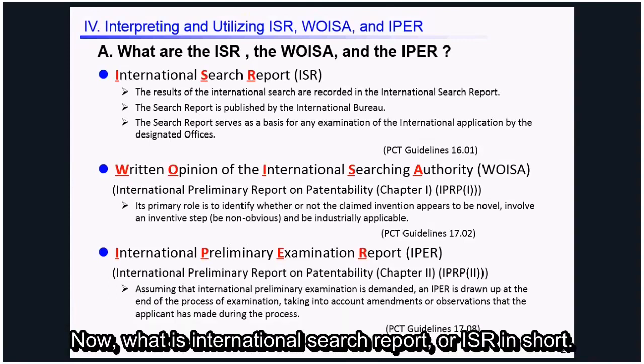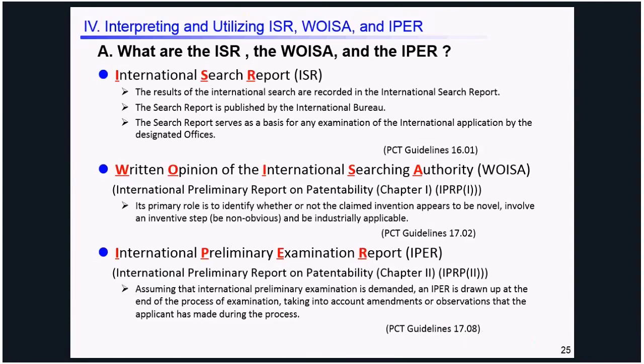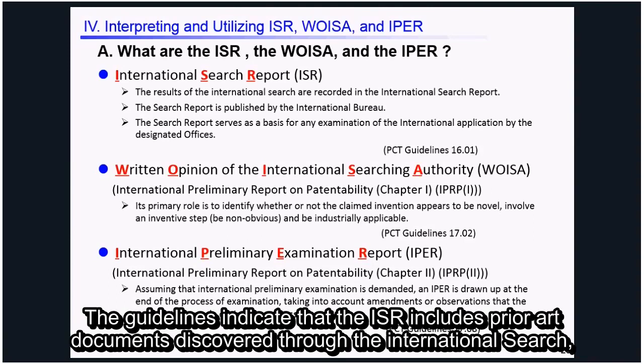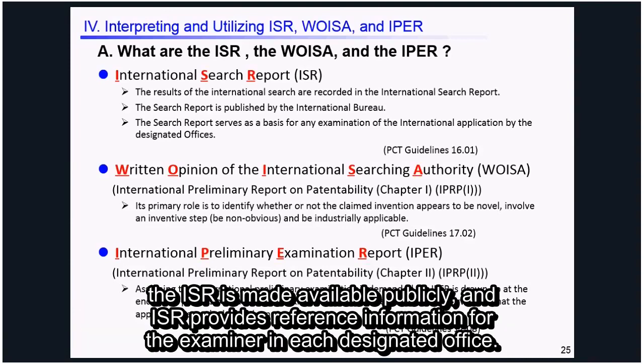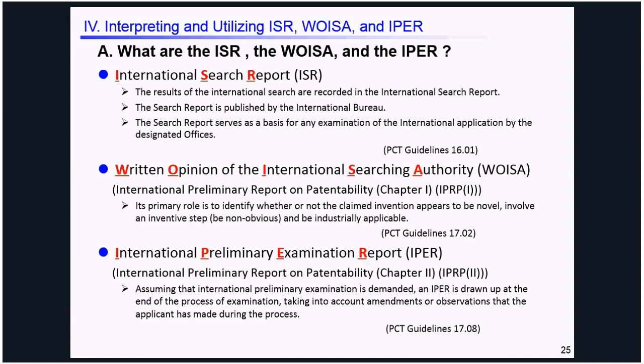Now, what is the International Search Report, or ISR in short? The guidelines indicate that the ISR includes prior art documents discovered through the international search. The ISR is made available publicly, and provides reference information for the examiner in each designated office.